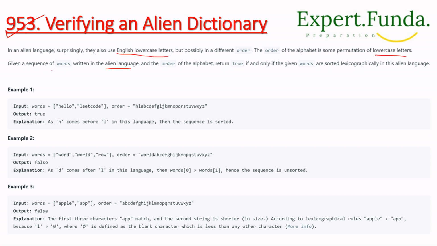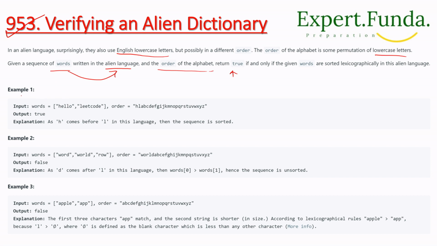Given a sequence of words written in the alien language, and the order of the alphabet, return true if and only if the words are sorted lexicographically in this alien language, right? So if the words are sorted lexicographically in the alien language, then we have to return true.